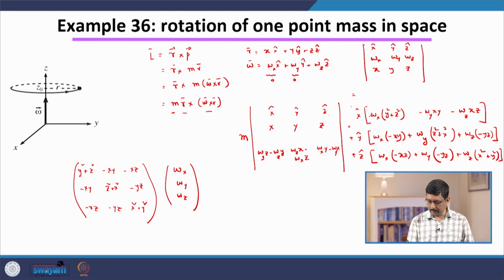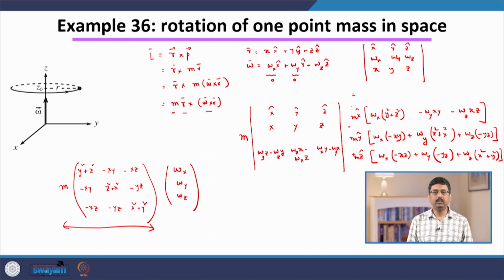There will be an m in each of these terms, so I am going to include this m here. The m will be part of this matrix.